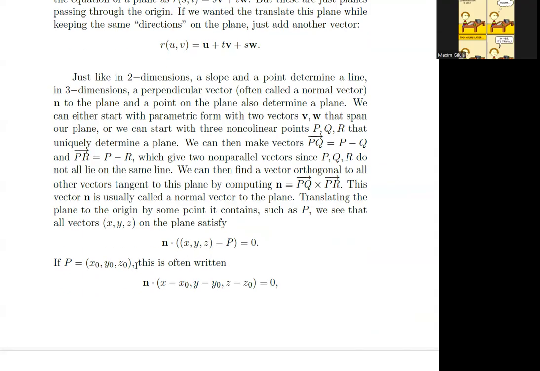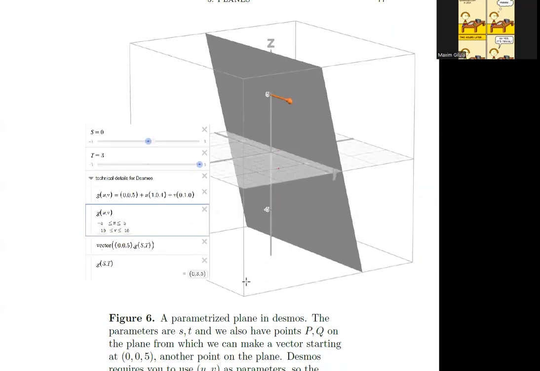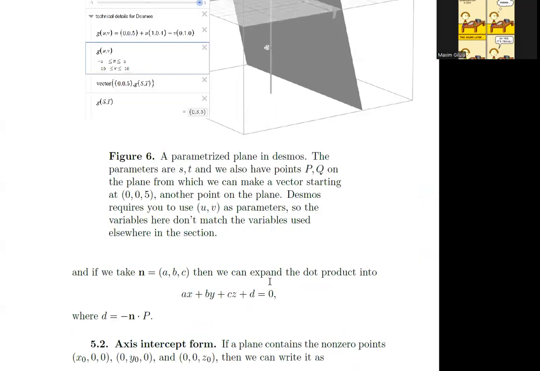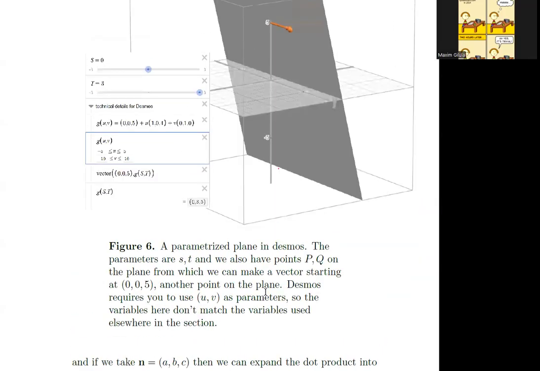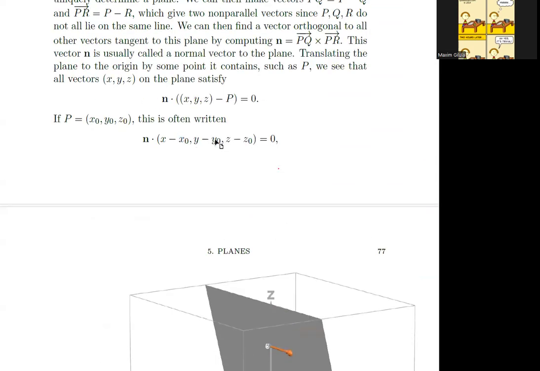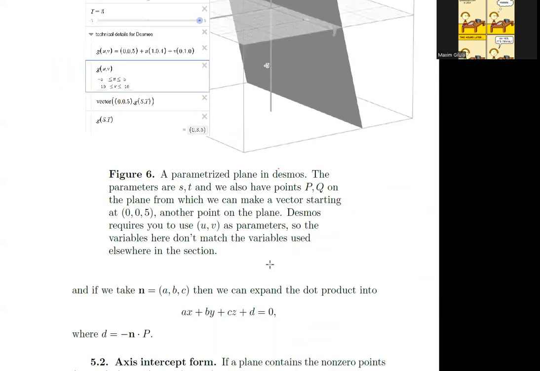If p is x naught, y naught, z naught, then this is written this way. Or sometimes these constants are absorbed into d, and we just take n to be (a, b, c) and write the equation of the plane as ax plus by plus cz plus d. And here d is this minus n dot p.